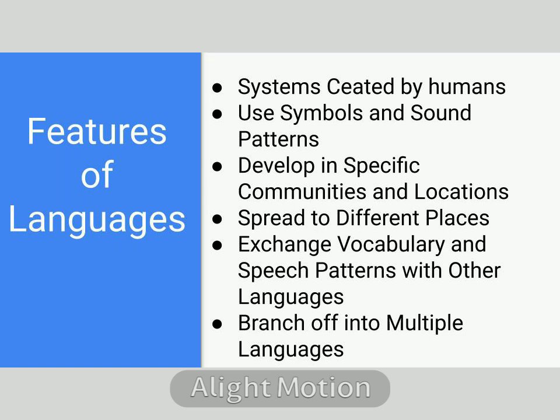These symbolic systems have been developed by different communities in different geographical locations. Yet, languages have traveled to different lands, exchanged words and speech patterns with other languages, and branched off into multiple different languages at different points of human history.